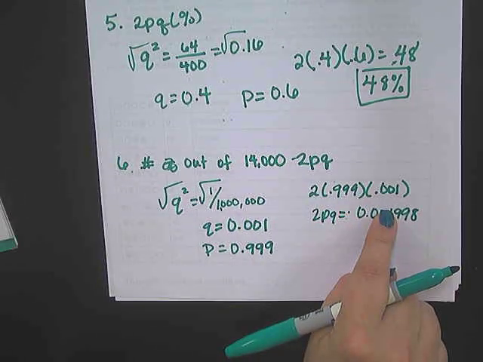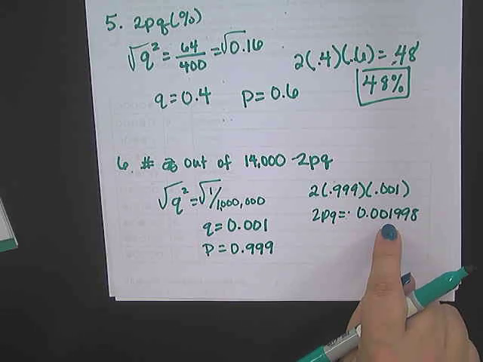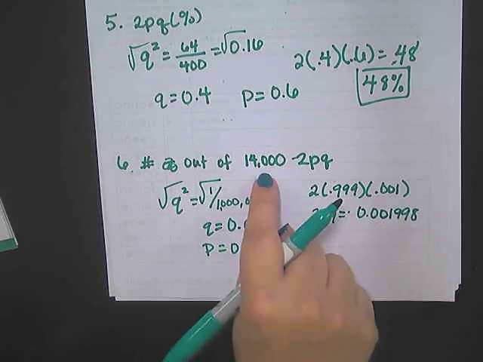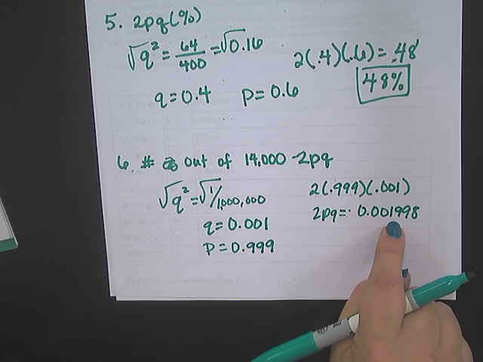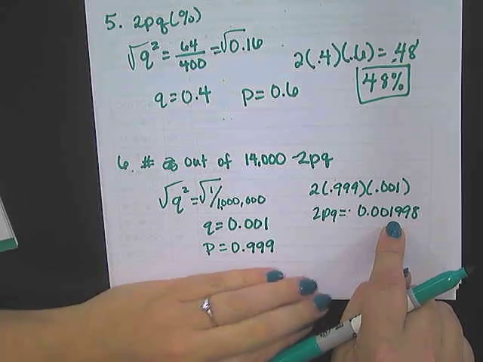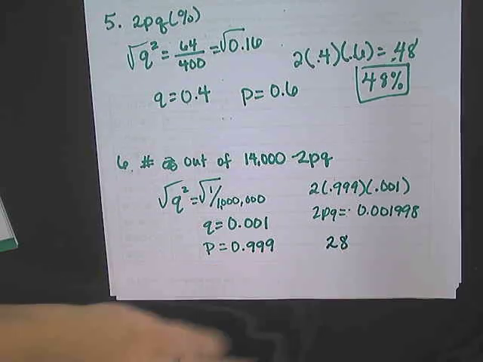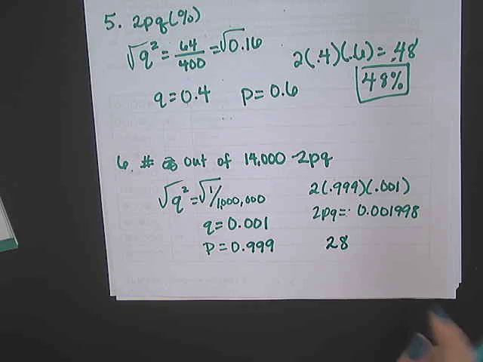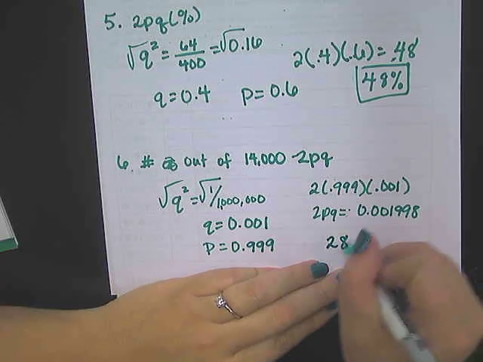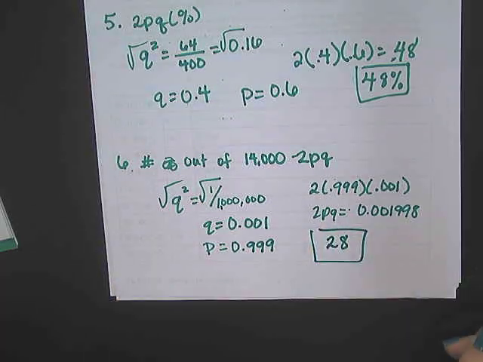If that's the frequency of carriers, how many people are going to be carriers? So I'm just going to take that number, multiply it by 14,000, and I get 28 when you round, because you can't have part of a person. So 28 is the number of people who would be carriers in this population.